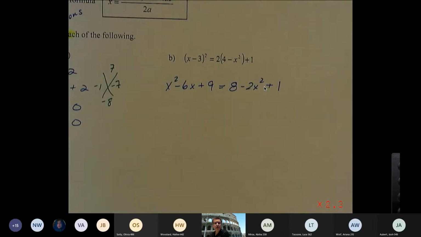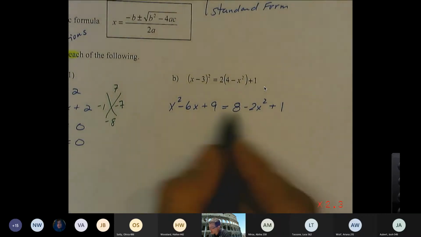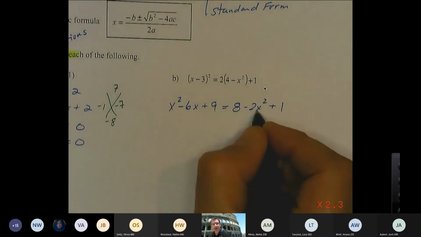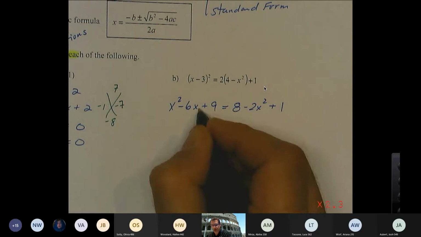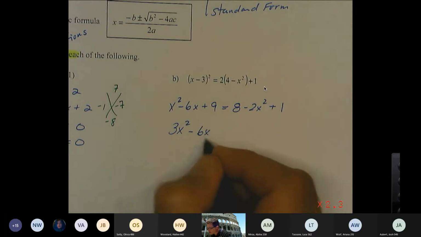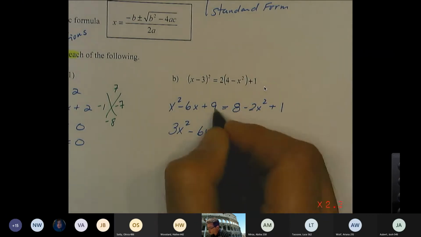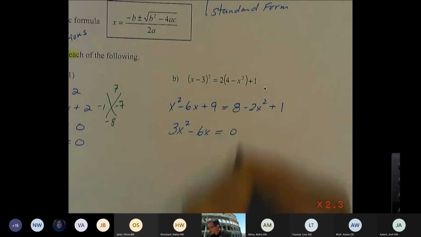Now, I want to get this in standard form, so I want my x squareds to be positive. So I'm going to take my negative 2x squared and bring it over here and get 3x squareds. I'm going to take my negative 6x and leave it alone. And I've got 8 plus 1, which is 9. So when I bring negative 9 over, it's going to be 0.